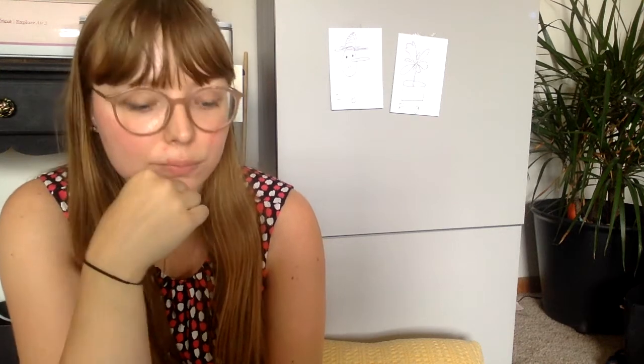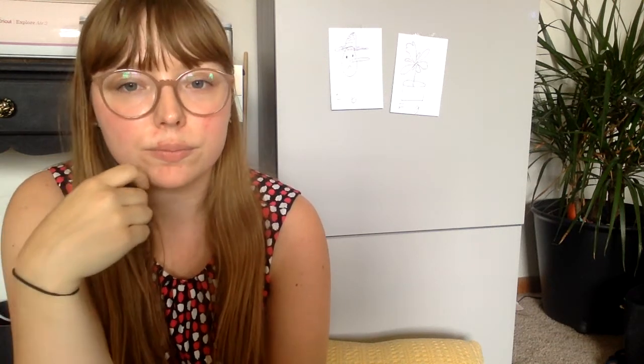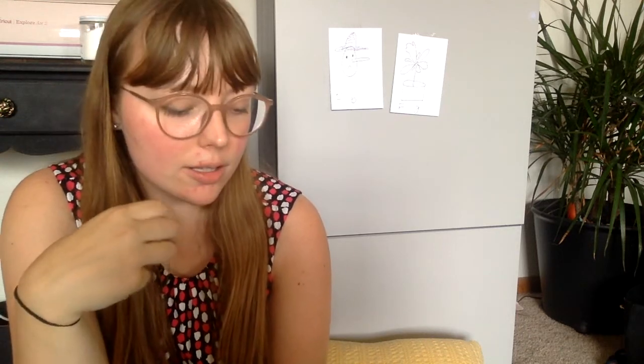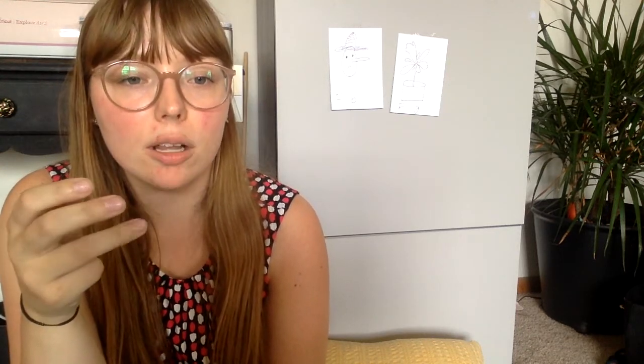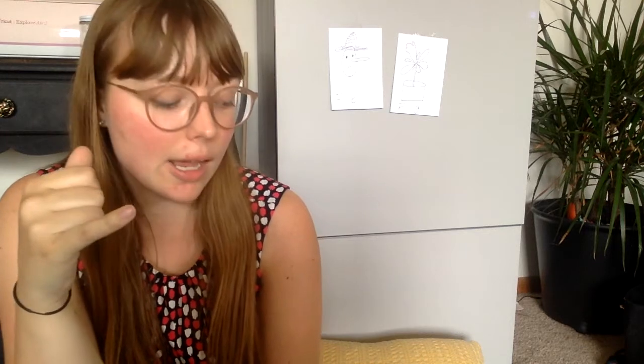Go. Pause. Turn and talk to your partner. Tell them what you think the beginning of the story was. Go. Pause. Turn and talk to your partner. Tell them what you think the middle of the story was. Pause. Turn and talk to your partner. Tell them what you think the end of the story was.